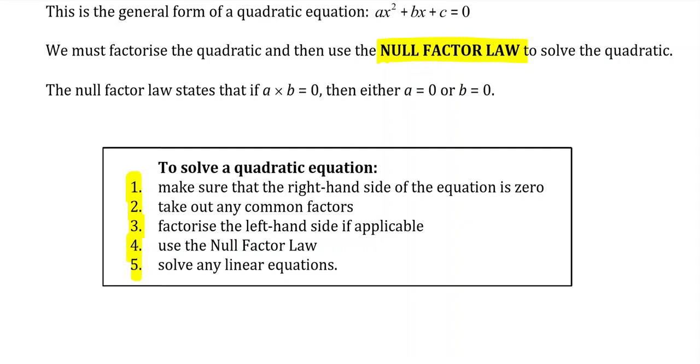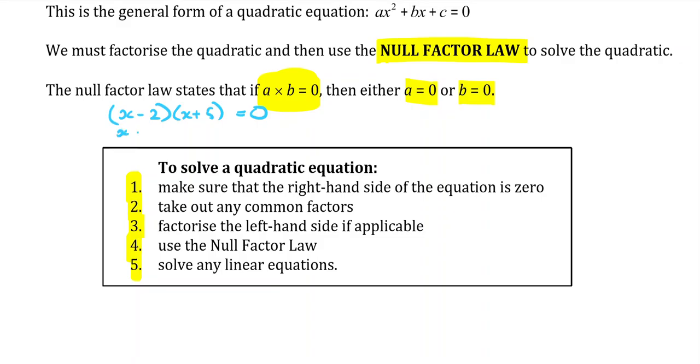Now, the null factor law tells us that if we multiply two things together and it equals 0, then one of those things must be equal to 0. So either the A equals 0 or the B equals 0. So when it comes to having something factorized like this, that means the two things that are multiplied are my two brackets.